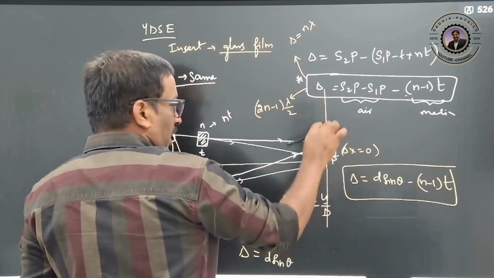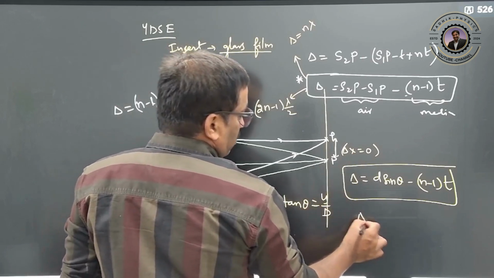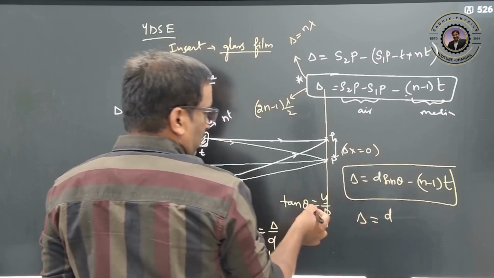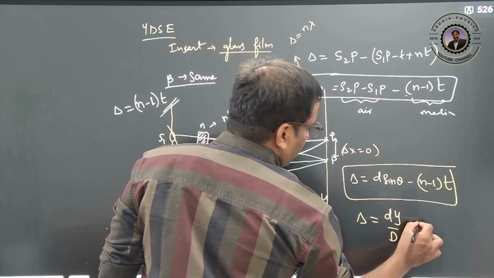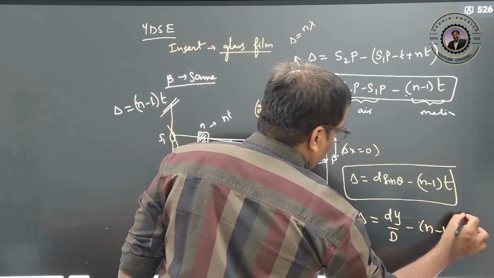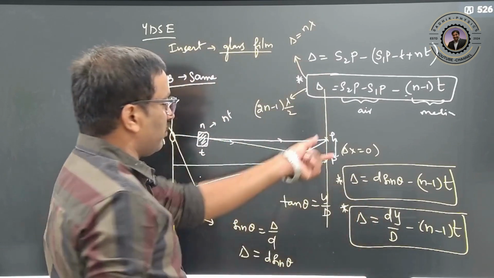Since sine theta and tan theta are approximately the same, delta equals d into y by d, minus (n minus 1) into t. So this is your path difference in terms of position.